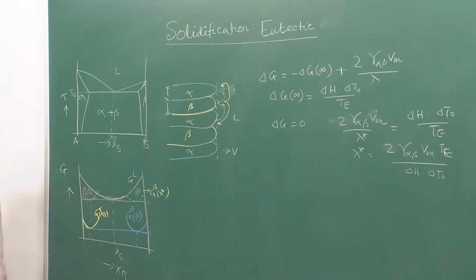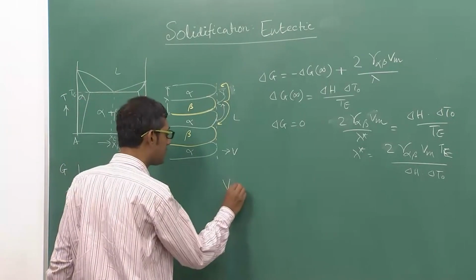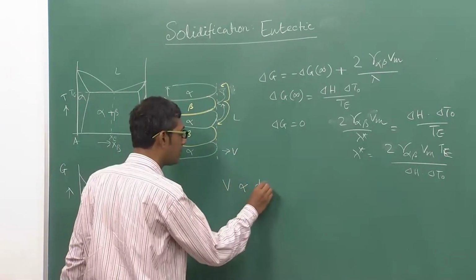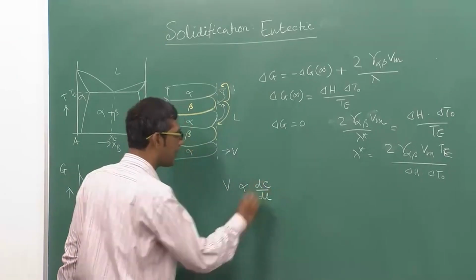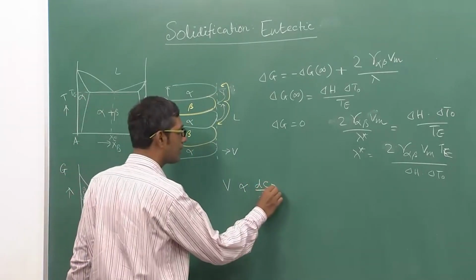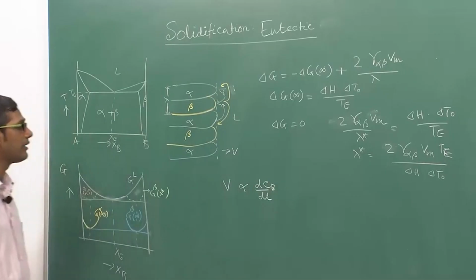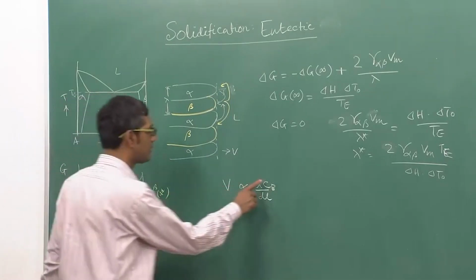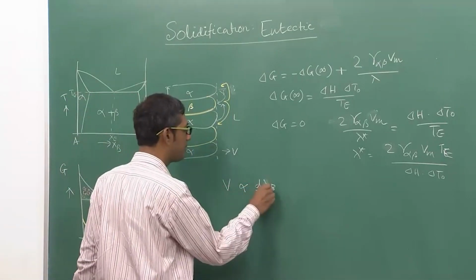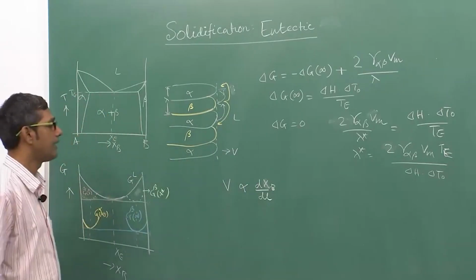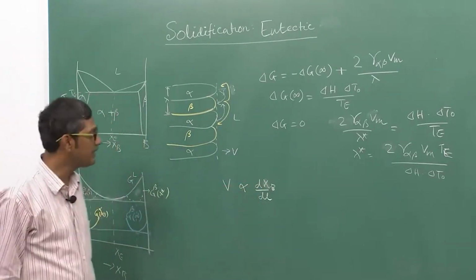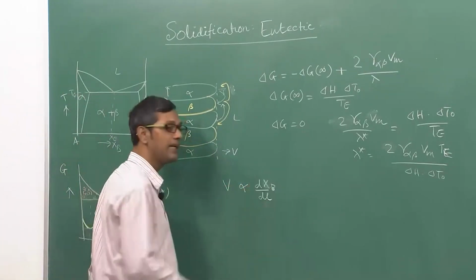So if I do a little bit of calculation, as you see, this V is proportional to dC by dl, or rather let us write it as dxB by dl, where xB is the mole fraction of B and dl is the distance.